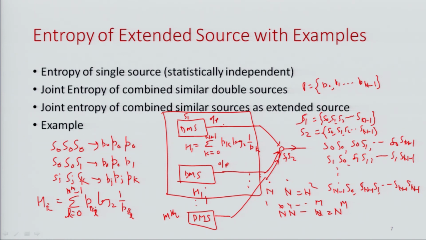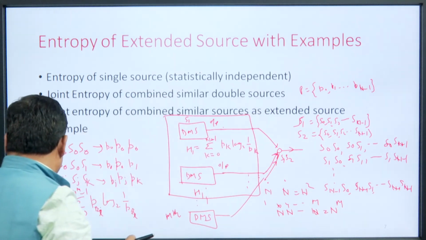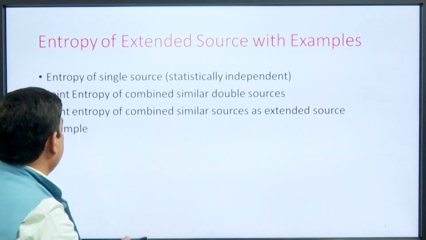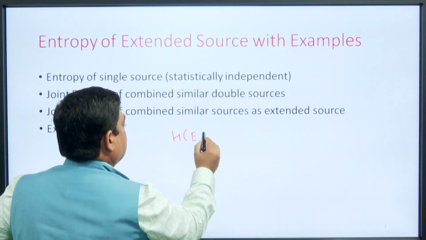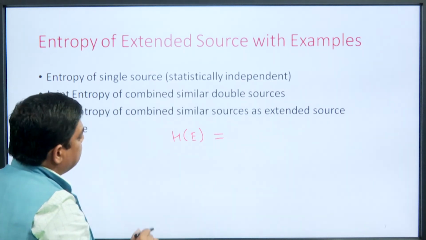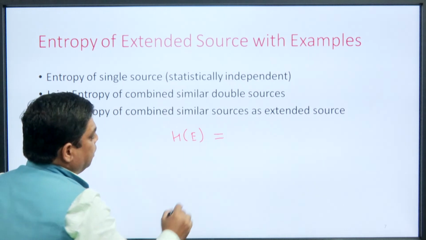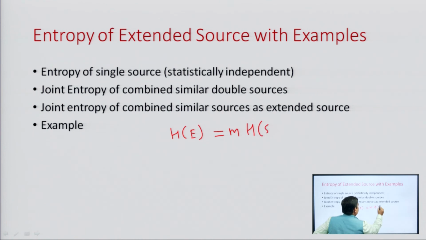With some examples we will see that the entropy of the extended source H E is nothing but m times the entropy of the basic source Hs, since the extended source has n to the power m symbols.